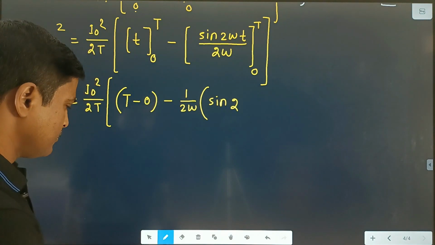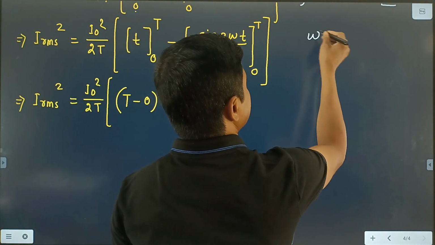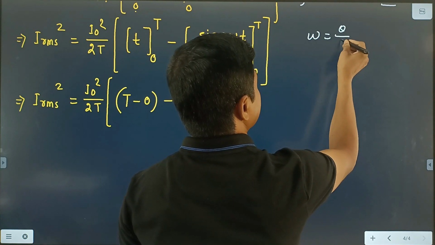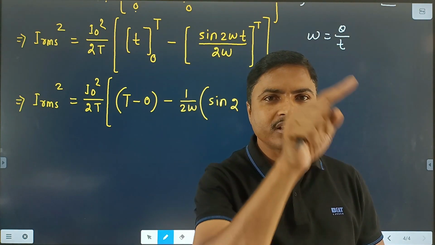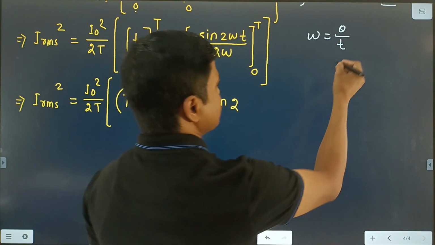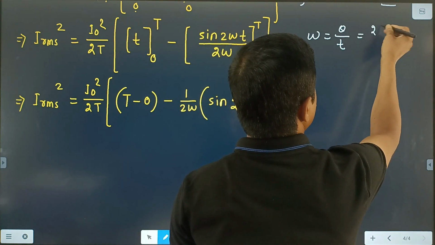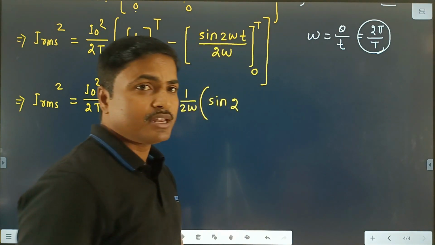Omega is known as the angular velocity. Its formula is omega equal to theta by t, that is the angular displacement divided by time. For one complete rotation, the angular displacement is 2 pi, and the time taken is capital T, the time period.